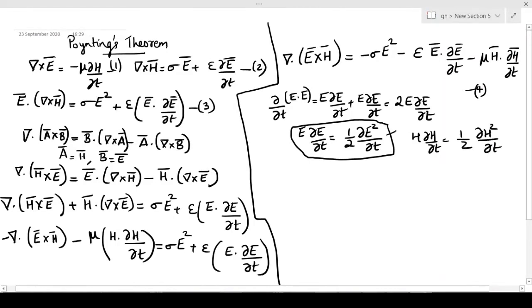Now you are going to substitute equations 5 and 6 in equation 4.